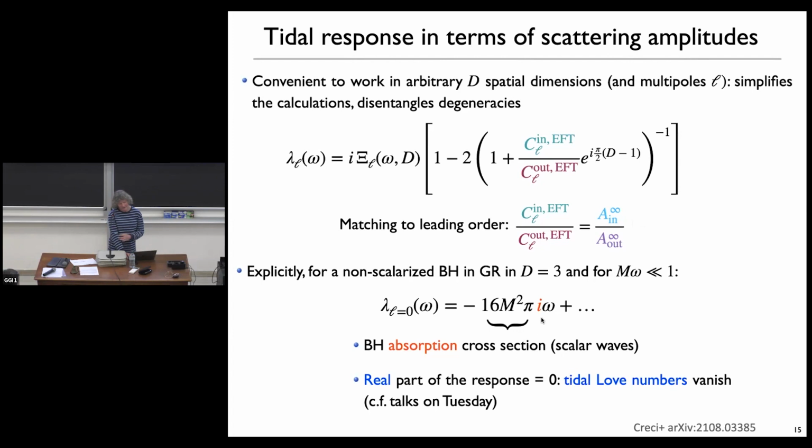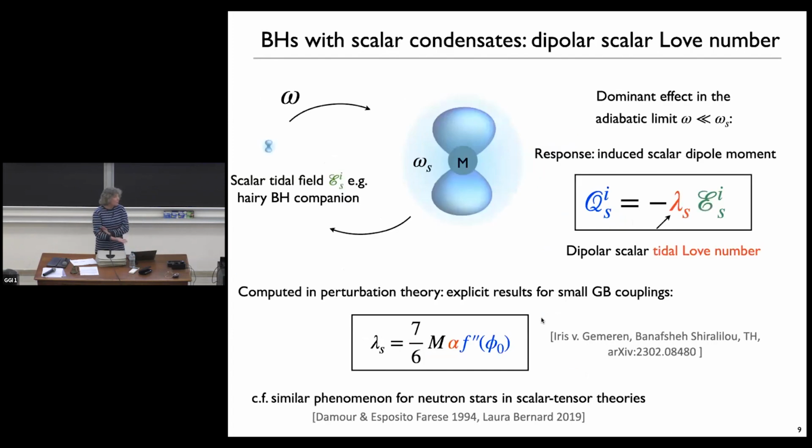But now if we have the scalar condensate, that of course changes things, because the scalar condensate indeed responds to a scalar perturbation with a non-zero scalar love number, which can now be computed and turns out to be also determined in terms of the coupling parameter, and now the second derivative of the coupling function. And again, I want to emphasize we're not the first ones to advocate these effects.